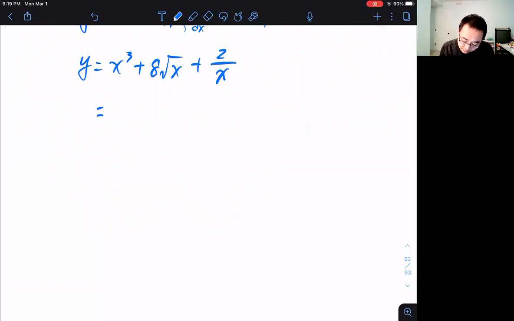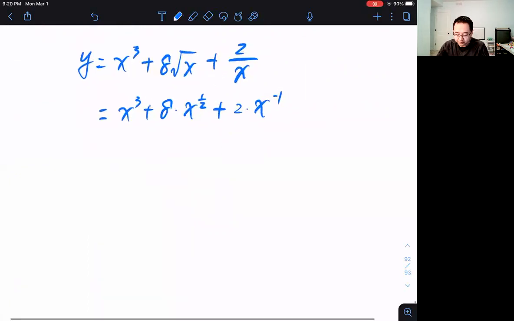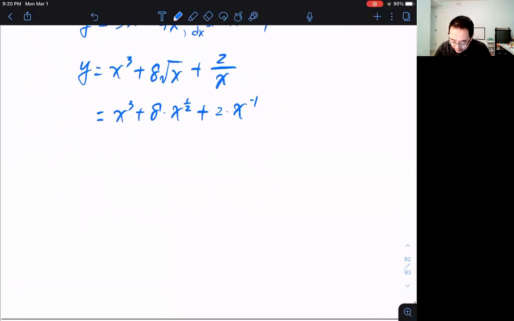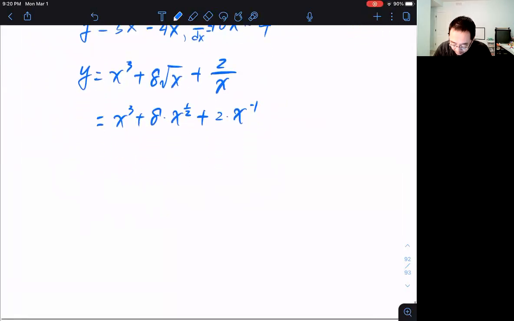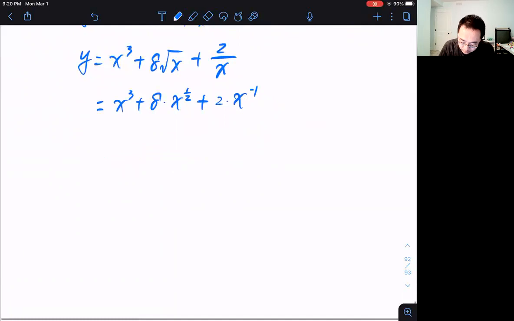But this is x cubed plus 8 times x raised to the 1/2 power plus 2 times x raised to the negative first power, right? So that is what this function equals. So then dy/dx is 3 times x squared, right?